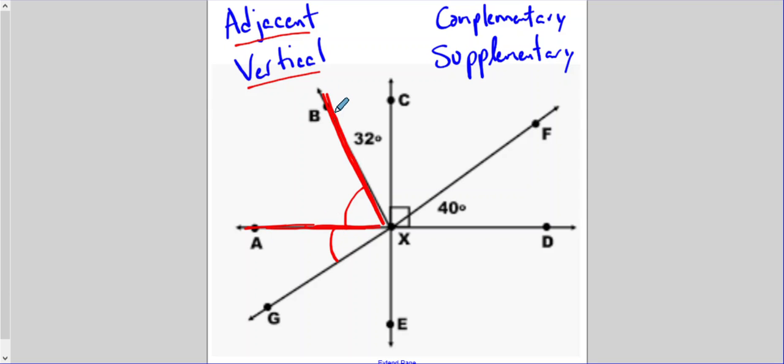Actually, let's use 2 different colors. This red angle here and this green angle here. They share this one side, this side AX, but they don't have any part of their angles that are overlapping. I'm going to call this angle GXA, and this one is AXB.